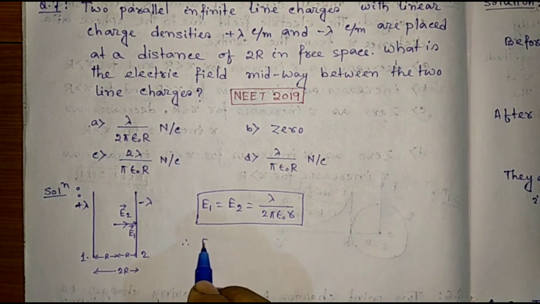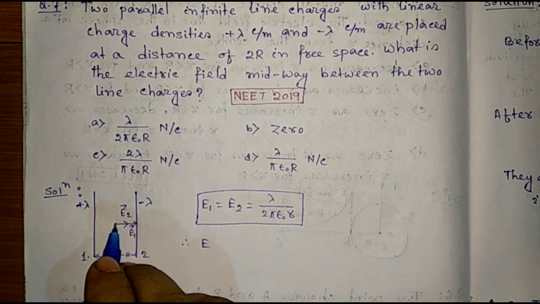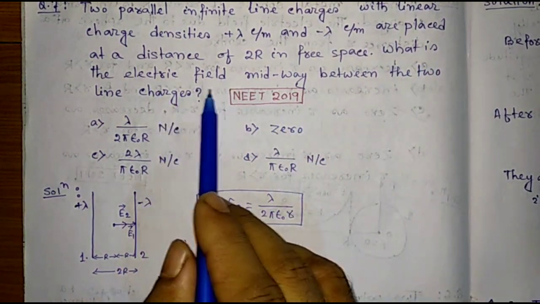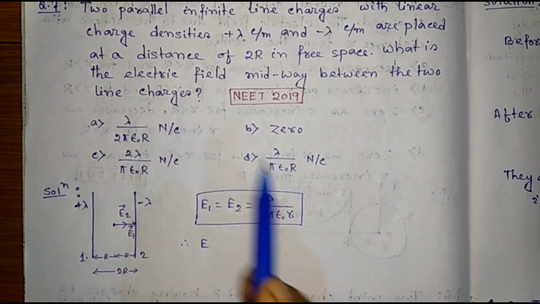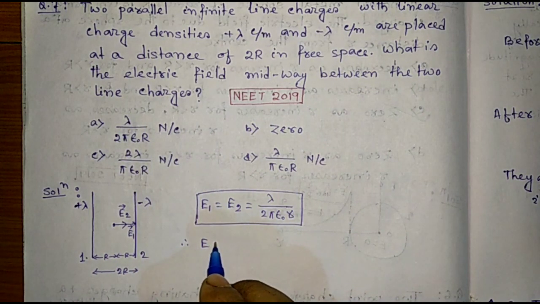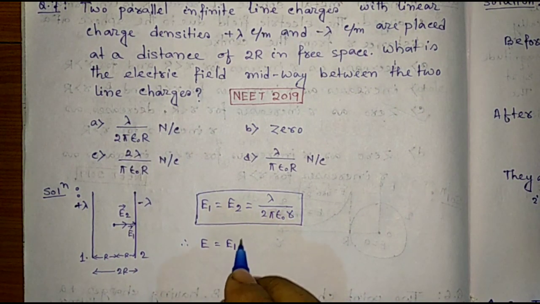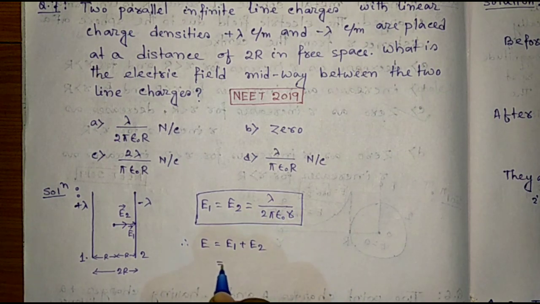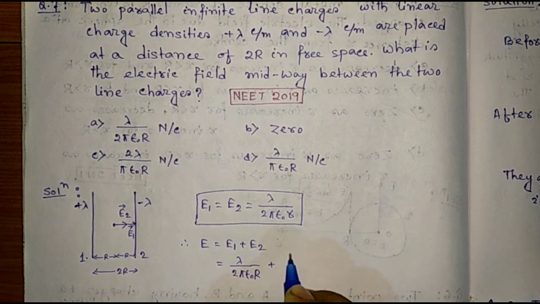So E, the total electric field. The question asks, what is the electric field midway between the two line charges? So it is equals to E1 plus E2. This is equals to lambda by 2 pi epsilon naught r plus lambda by 2 pi epsilon naught r.